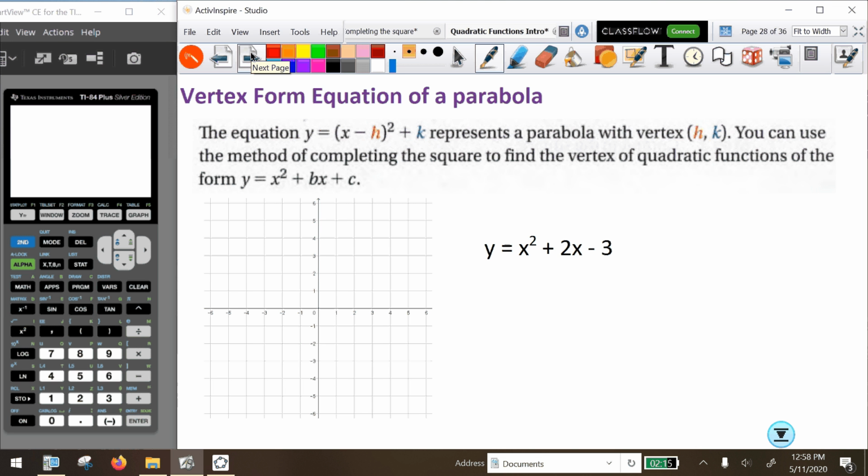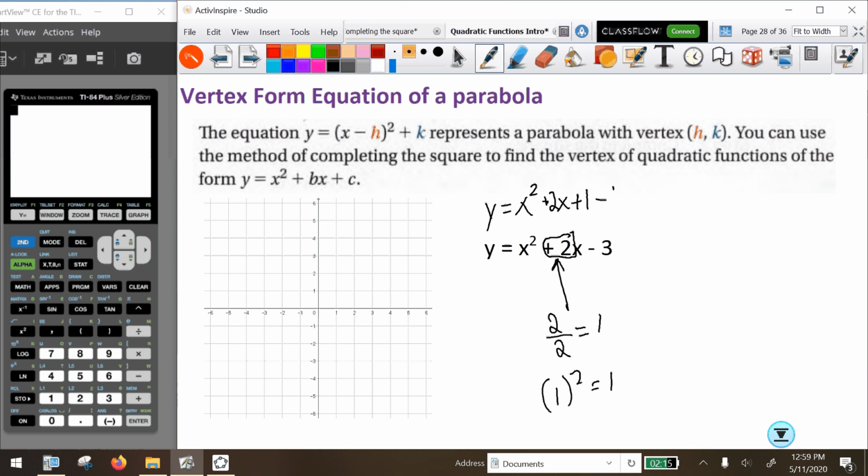We need to plot the vertex. This is not in vertex form. So we begin by focusing on that middle x term. We cut that number in half. So we take half of that number, and then we take that result and square it, and 1 squared is 1. So we're going to be adding 1 and subtracting 1, because you can't just go ahead and add 1 to something without changing it.